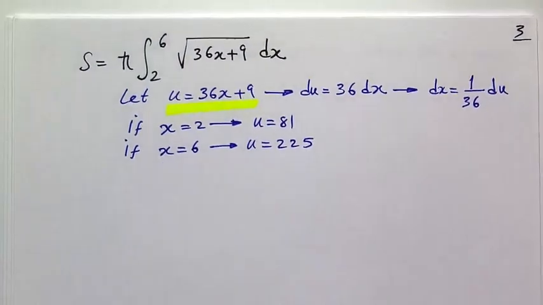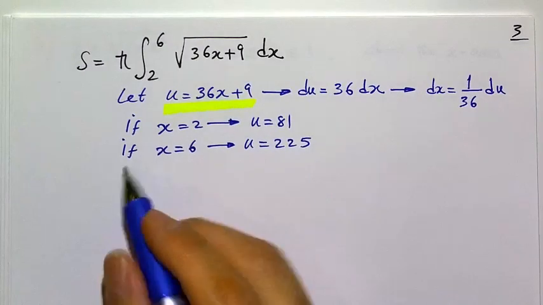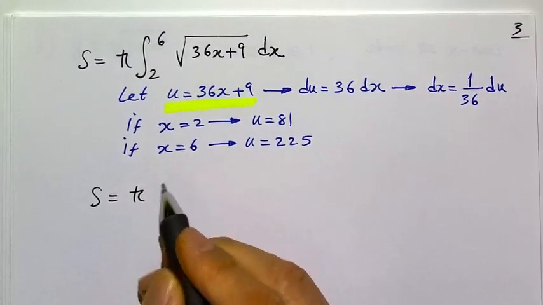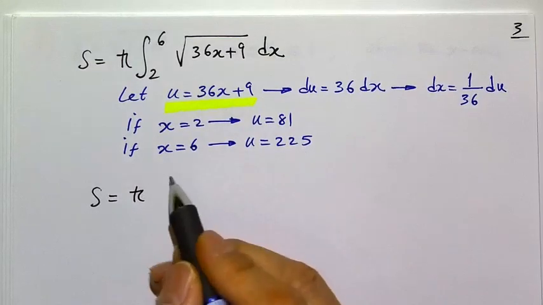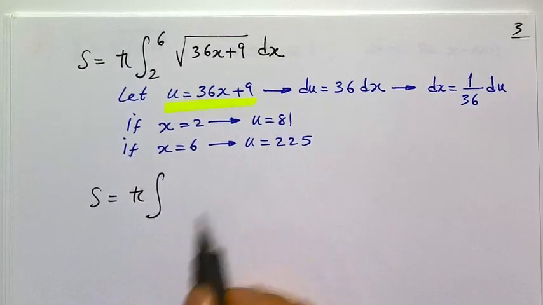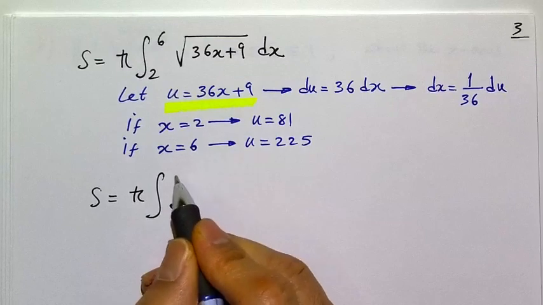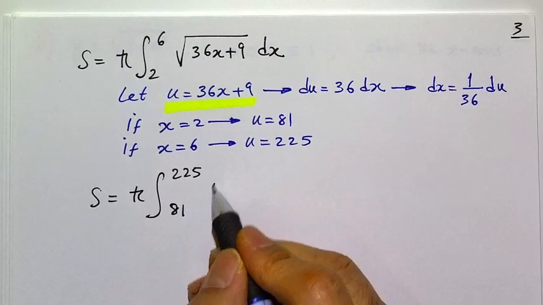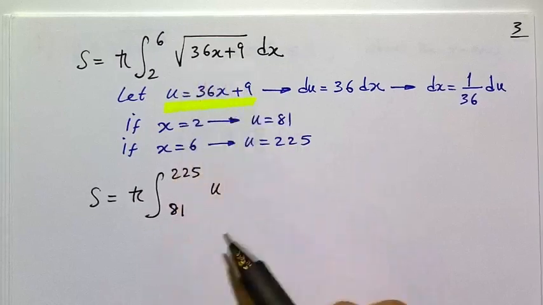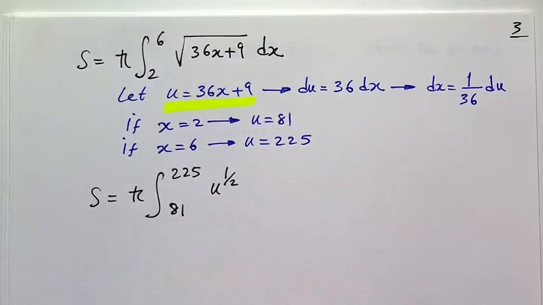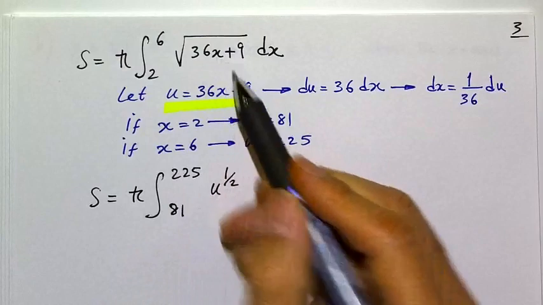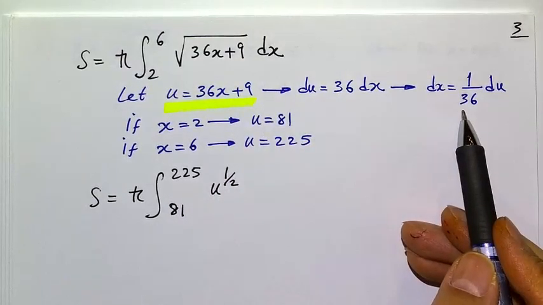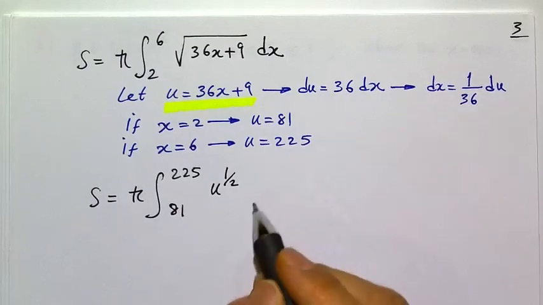So let's set up our new integral given the variable u. We have s equals pi from 81 to 225, and instead of that, we have u to the 1/2 power, or square root of u. And instead of dx, we have 1 over 36 du.